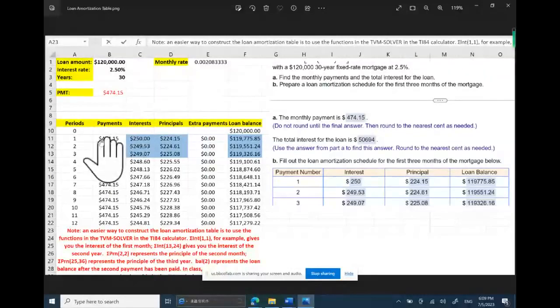We put the monthly payment right here for the first billing cycle. And then how do we find this interest? We use the loan amount, 120,000, multiplied by the monthly interest rate. That's the interest for the first month.